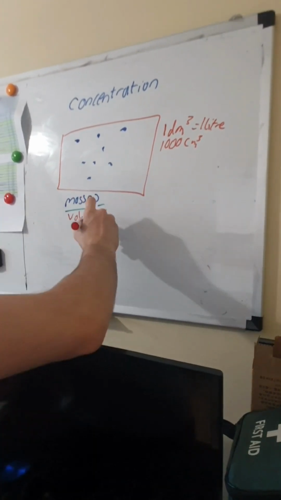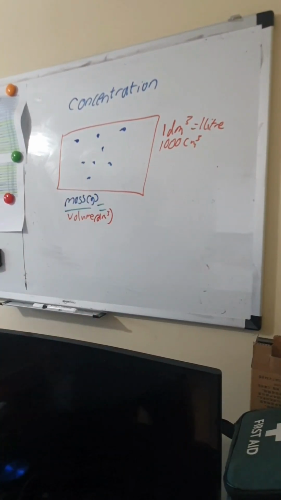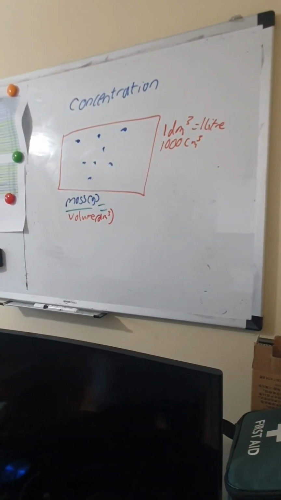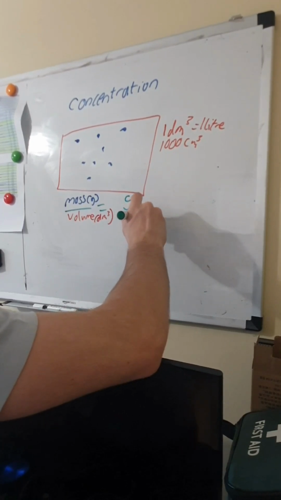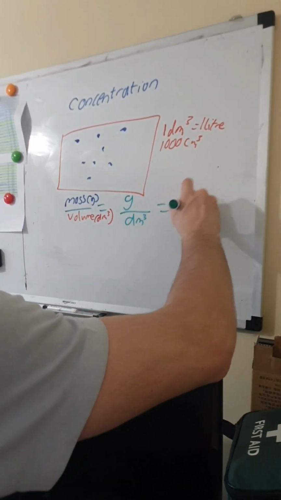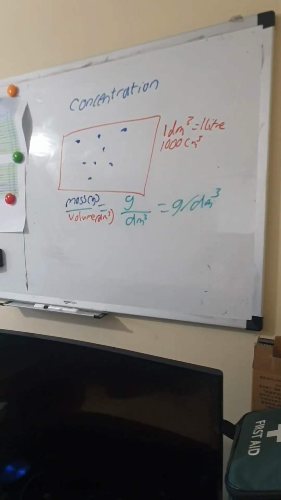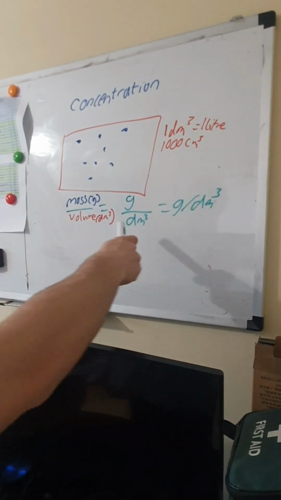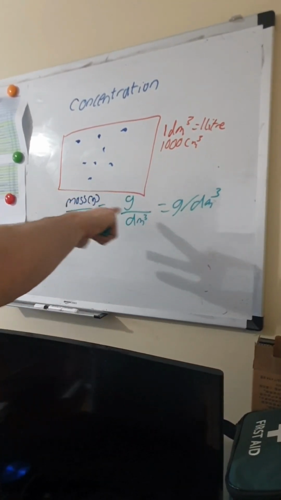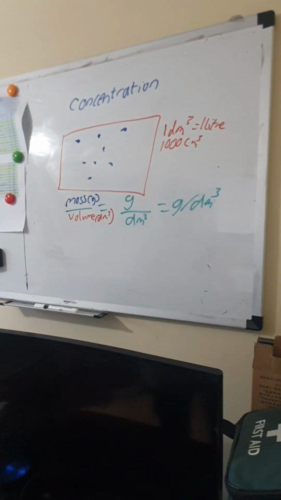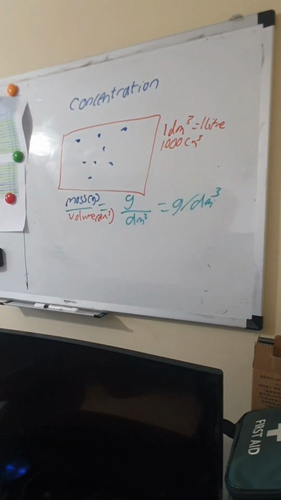So decimeters cubed. And that means the concentration is measured in grams per decimeter cubed, or in other words, grams over decimeter cubed. It doesn't matter which way we write it. Actually, it will in the exam, but this is just another way of saying it, right? Grams divided by decimeter cubed gets to this unit, and that's the unit of concentration there.